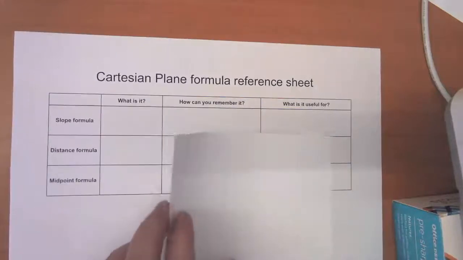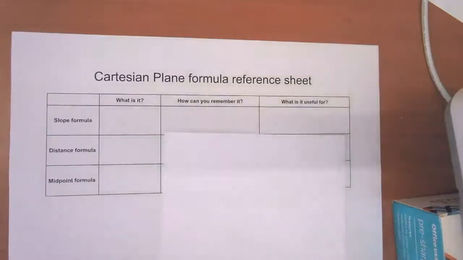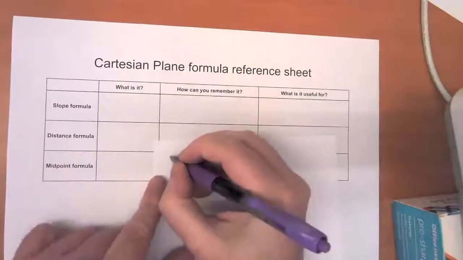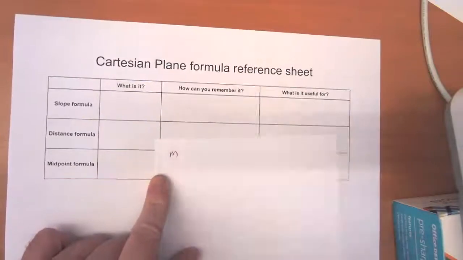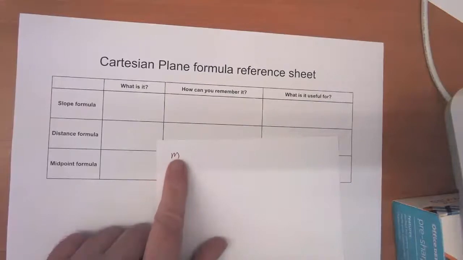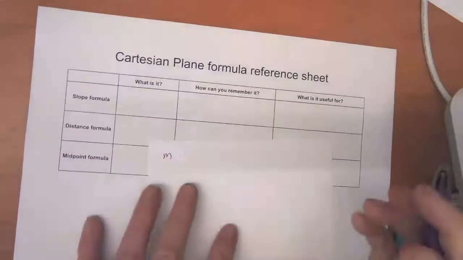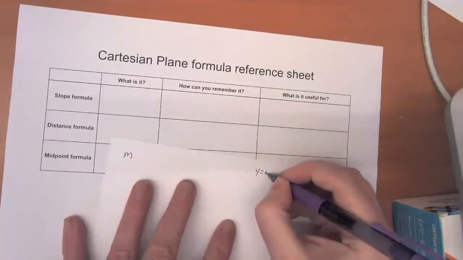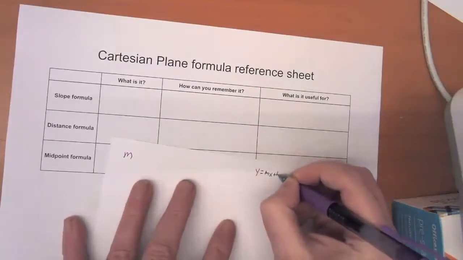So if you had some trouble thinking about what we know about slope, you might think, well, I know that we use the letter m to be the variable that we talk about for slope. You might remember a formula like y equals mx plus b.